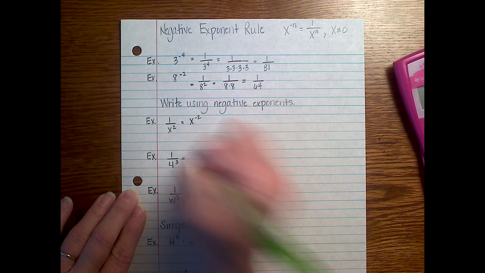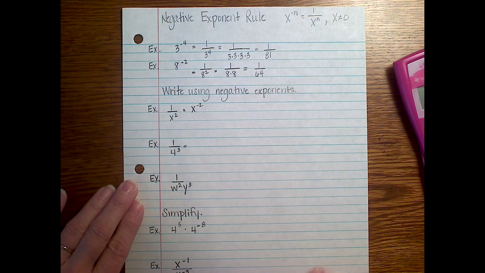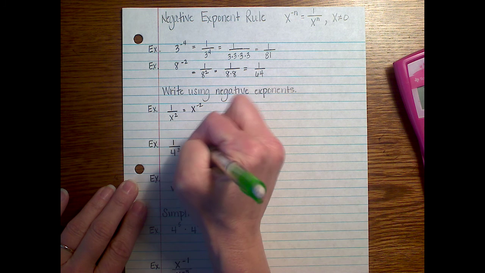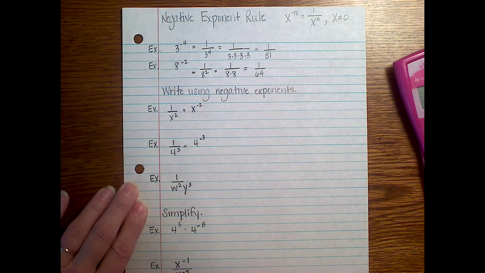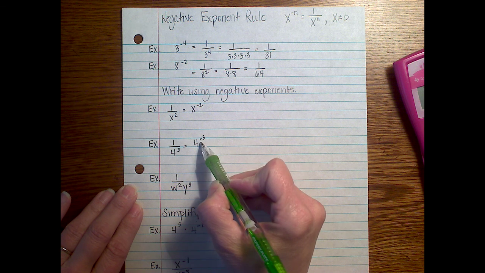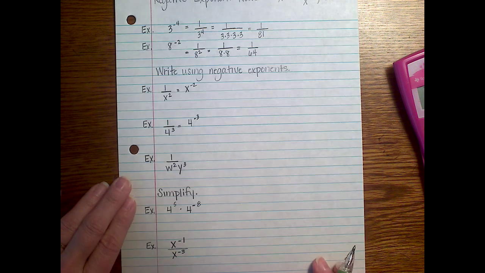With this example here, 1 over 4 cubed, that becomes 4 to the negative 3 power. If I'm moving from denominator to numerator or numerator to denominator, I have to remember to switch the signs. Okay, I have to remember to switch the signs.